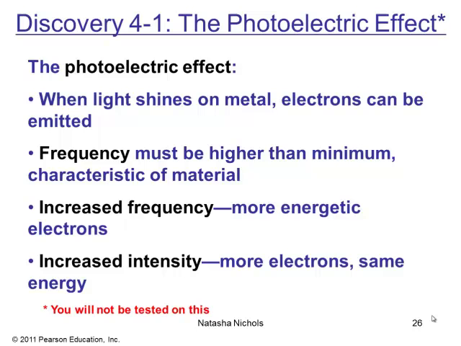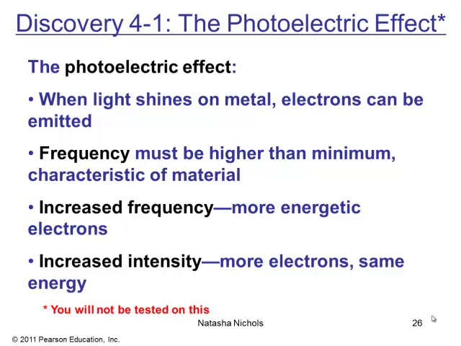The frequency must be higher than the minimum that corresponds to the characteristic of the material that the metal is made of. If you're shining light that has higher frequency, so you're increasing the frequency, then the electrons that are emitted have more energy. If you're increasing the intensity of the light that you're shining on the metal, you get more electrons with the same energy.